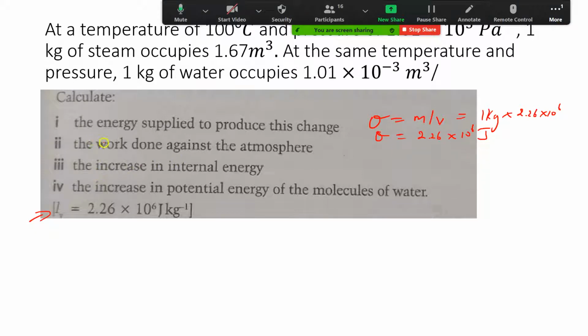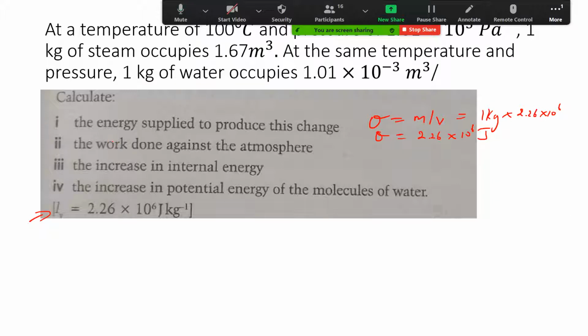Now the question would go on to say, find the work done against the atmosphere. So let's see here. You want to find the work done against the atmosphere. All right. So chances are they gave us the pressure and the volume difference.